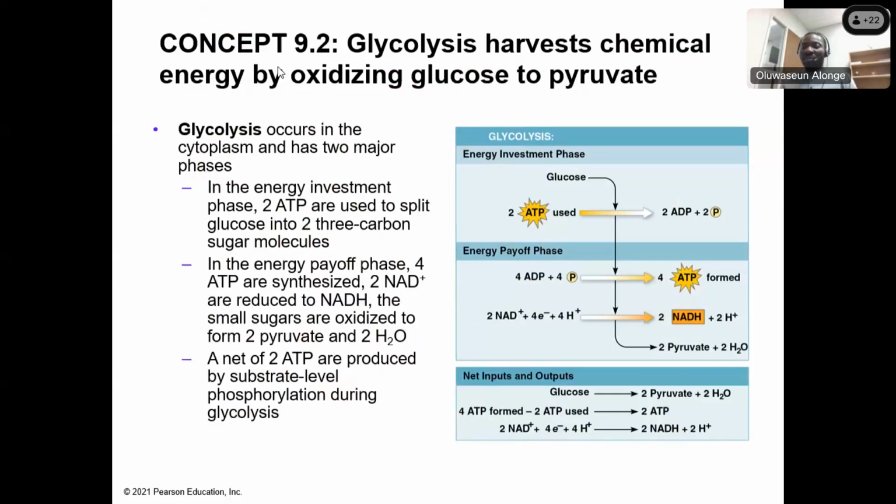Now, let's look at the first thing first, glycolysis. I call it glycolysis to let you know that it is breaking down the glucose molecule to release energy. So the first stage there is to break down the glucose molecule.